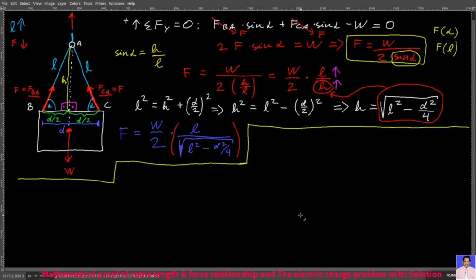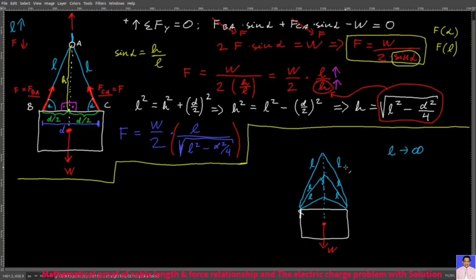And it makes sense because if this is your block here, and this is your force of gravity, and your L approaches infinity, then as your L increases and increases, it would look like this.